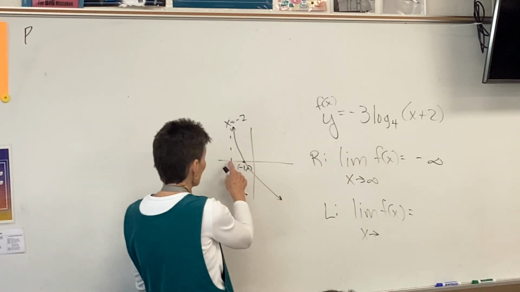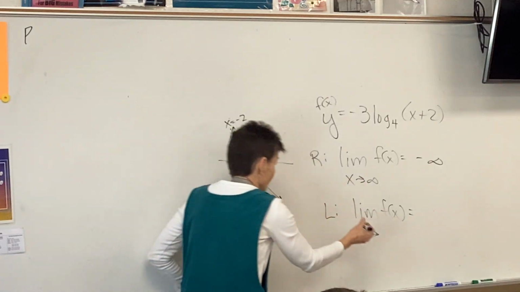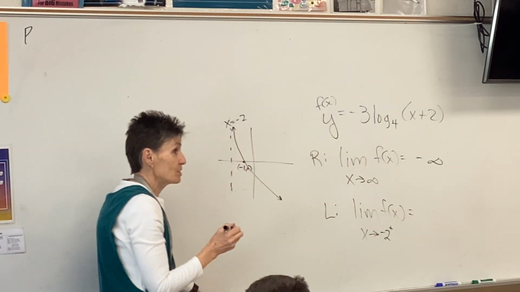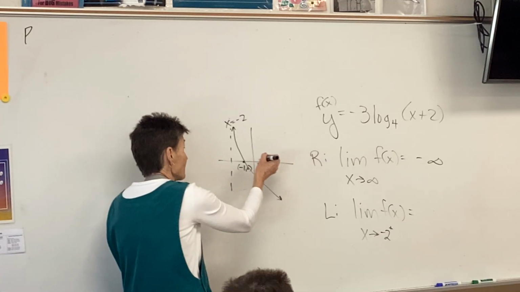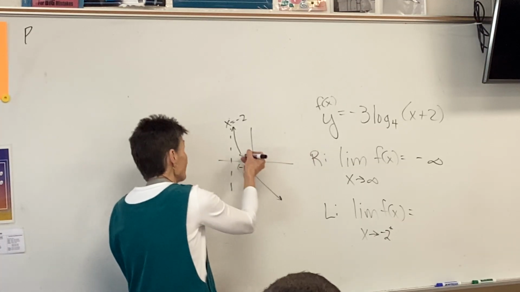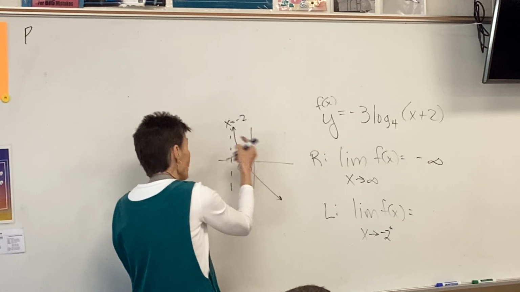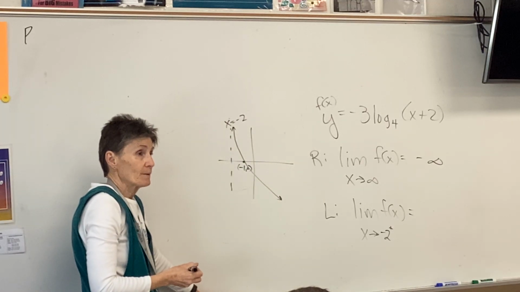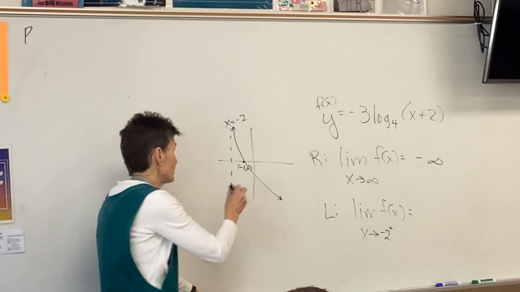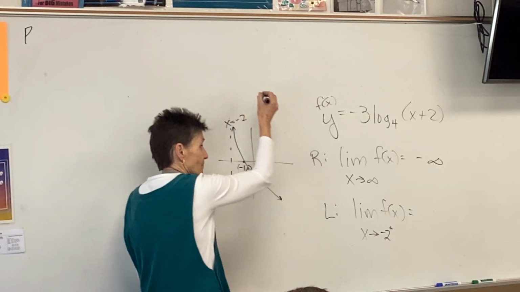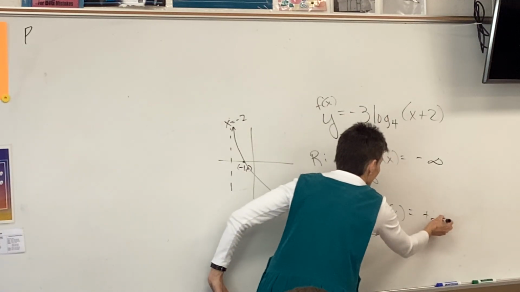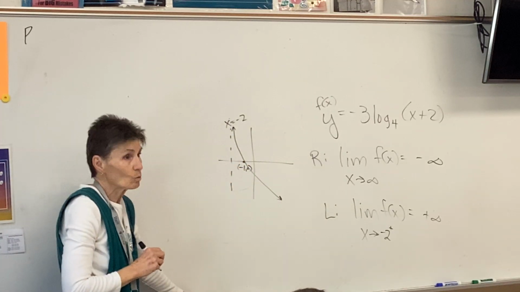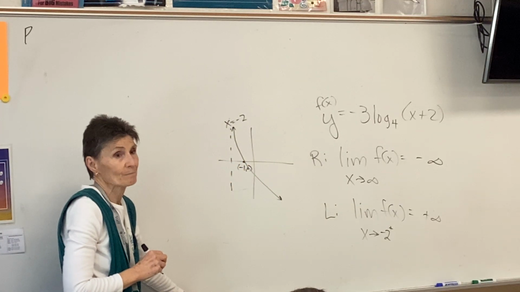My limit is going to be negative 2. And I'm going to put a little plus sign there to remind myself that I'm going to the left toward negative 2 on the positive side of negative 2. And what's happening when I do that? Positive infinity. Yeah. Now, does anybody have a question about that?